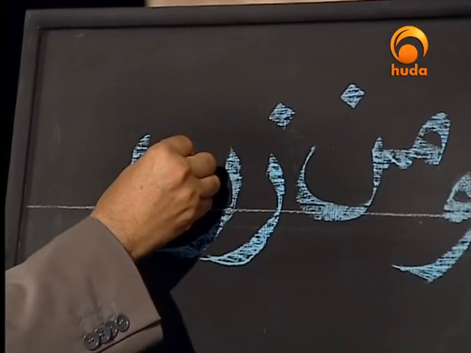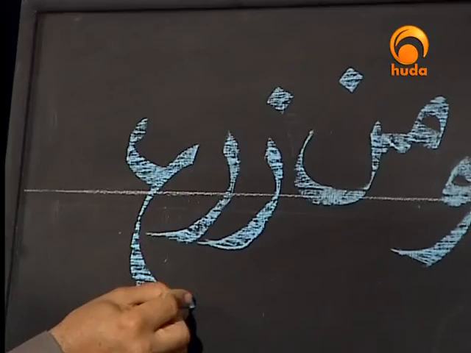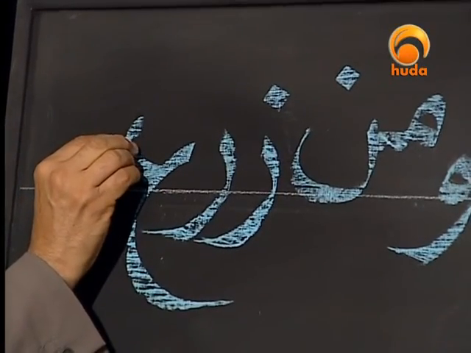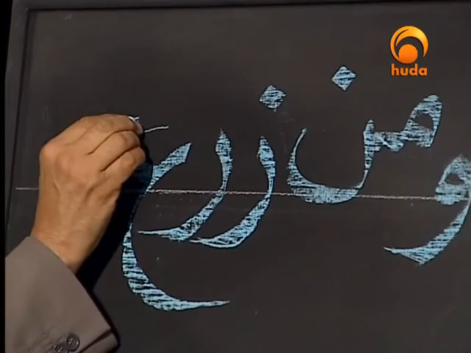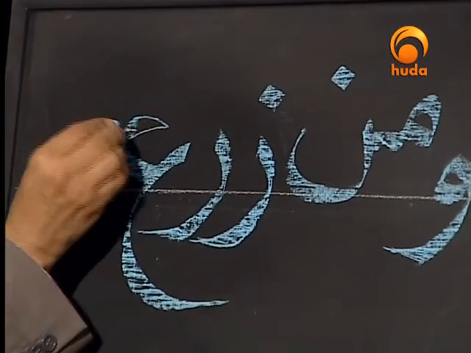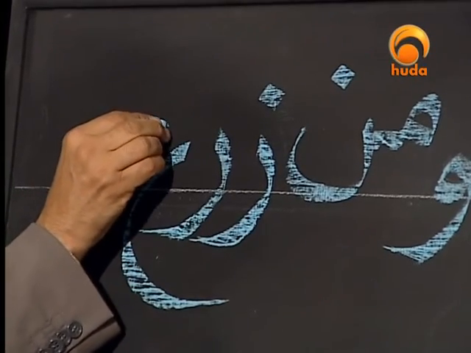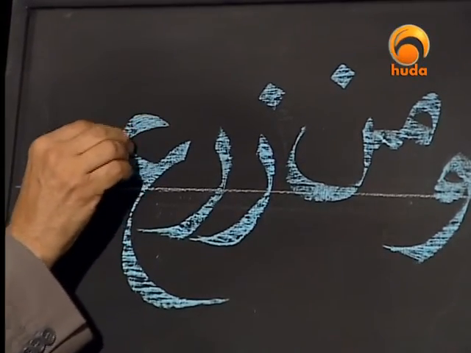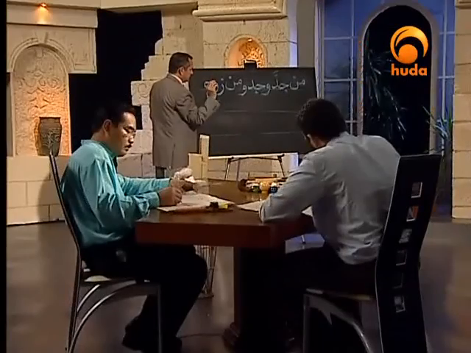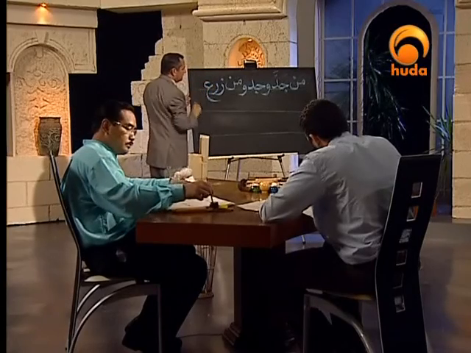The other one will be below the line. The other part here of Ain, I'll draw it with the edge of my pen or edge of my chalk, according to the tool I'm using. If I'm using the pen, it will be the edge of my pen, or if I'm using the chalk, I can do it just very thin and fill it.